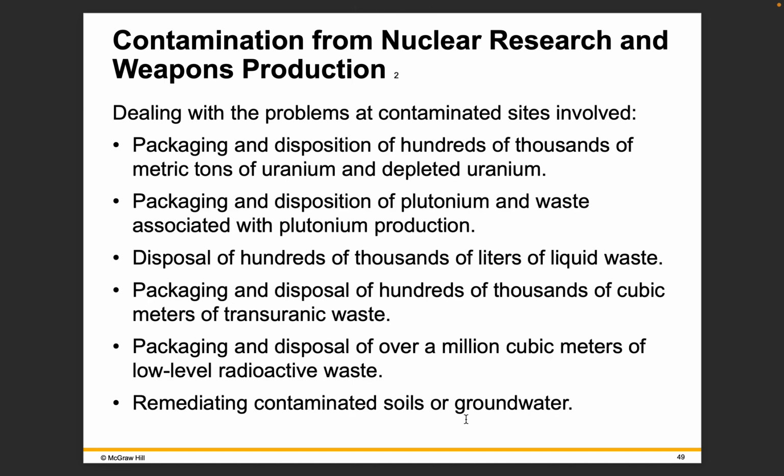Dealing with the problems at contaminated sites involved packaging and disposition of hundreds of thousands of metric tons of uranium and depleted uranium, packaging and disposition of plutonium and plutonium waste, hundreds of thousands of liters of liquid waste, packaging and disposal of hundreds of thousands of cubic meters of transuranic waste, packaging and disposal of over 1 million cubic meters of low-level radioactive waste, and remediated contaminated soils and groundwater.